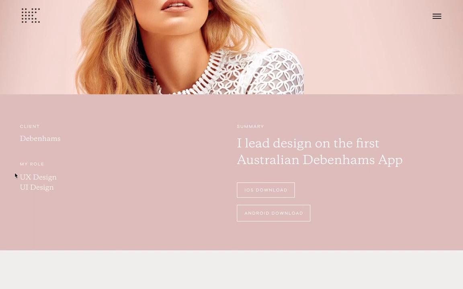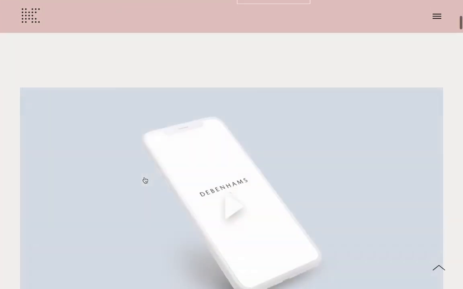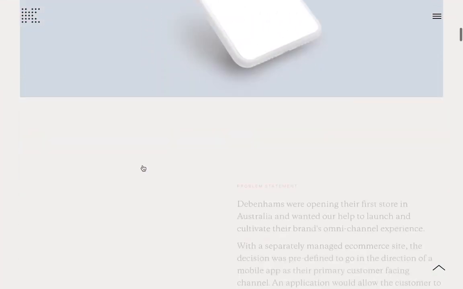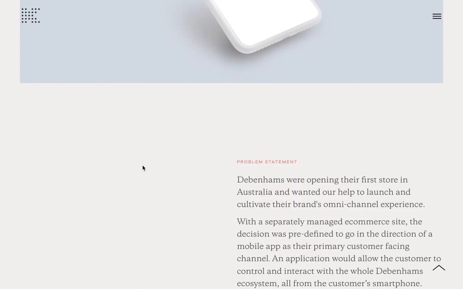Then his role. What was his role on the project? It also added links to the live apps, so you might also want to do that. In between the story, it added images that show the process or the final product.